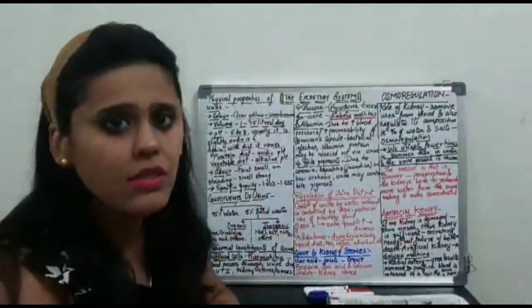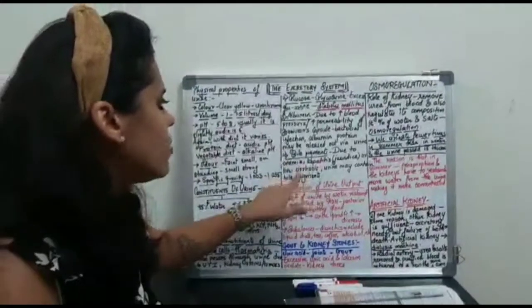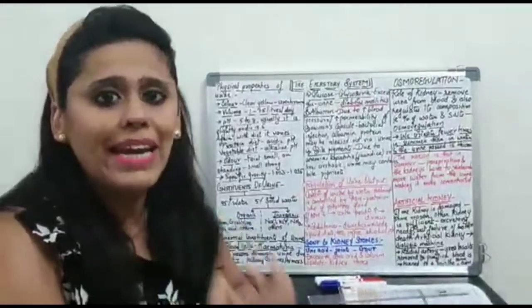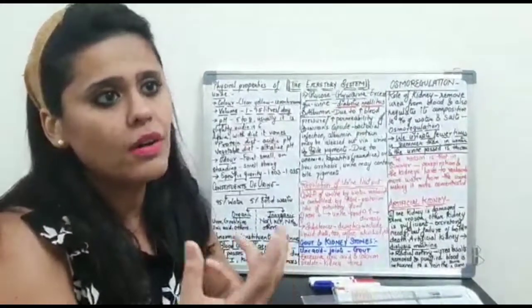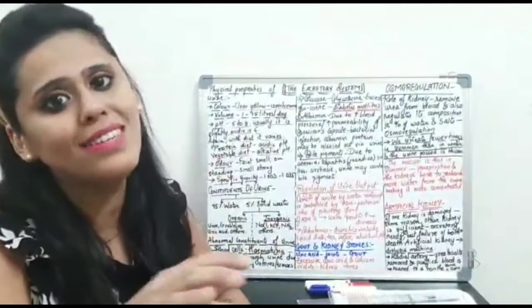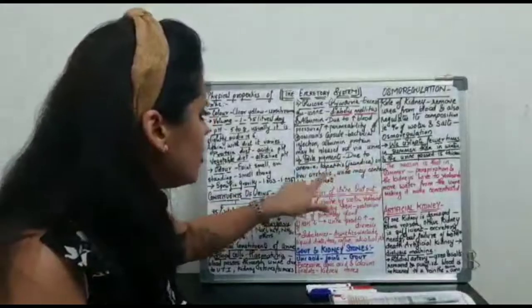Now my dear students, you must be thinking, why anemia or hepatitis or liver cirrhosis? Try to understand, the breakdown of hemoglobin to bile pigments all happens in the liver.